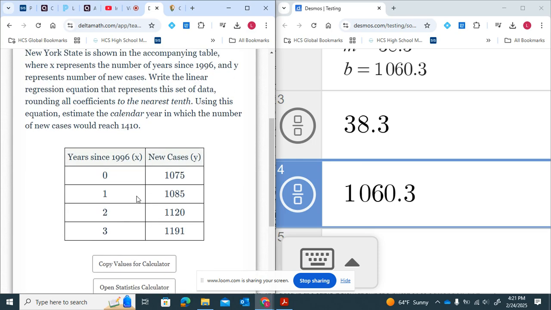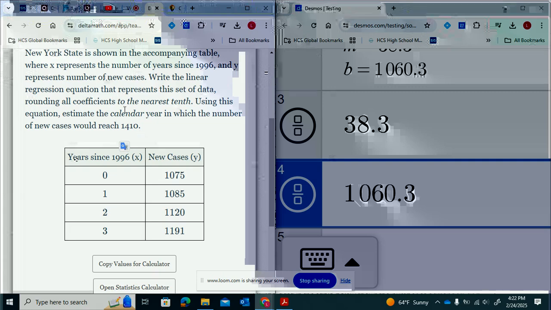And then here's the part that's different. So yes, it's different that you have to use the 10th place and not the 100th place. But this part right here, it says, using this equation, estimate the calendar year. And year is x. So basically now it's saying find x when the number of new cases would reach 1,410. So it's saying find x when y equals 1,410.